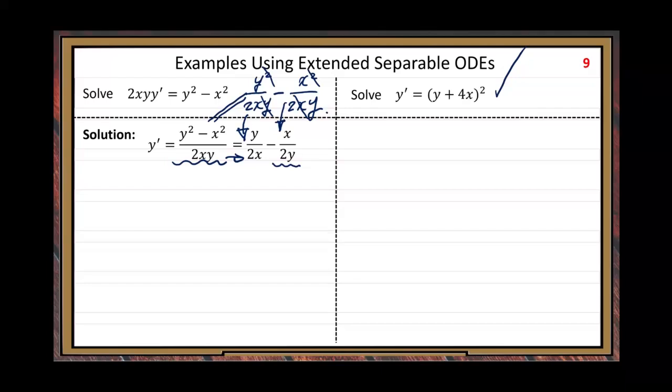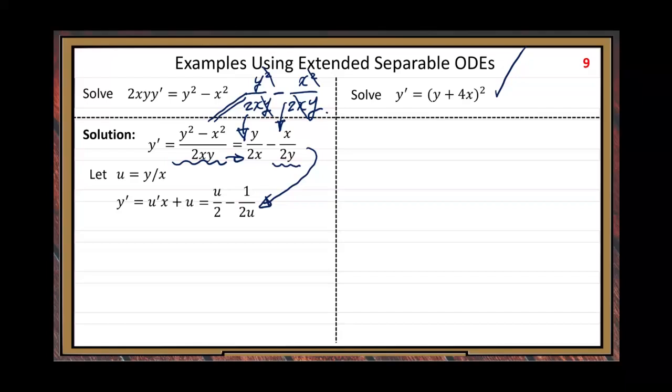After we convert it to this form, then we can use the u variable substitution. This time, the same, u equals y over x. All right. Then y prime equals u prime x plus u. And the right-hand side, the first term, u over 2.